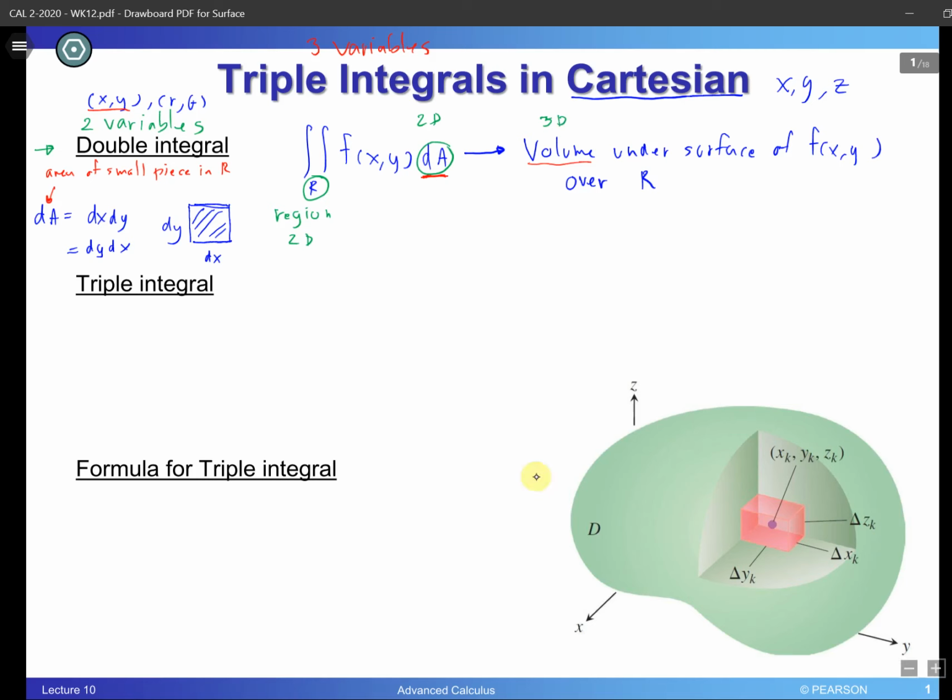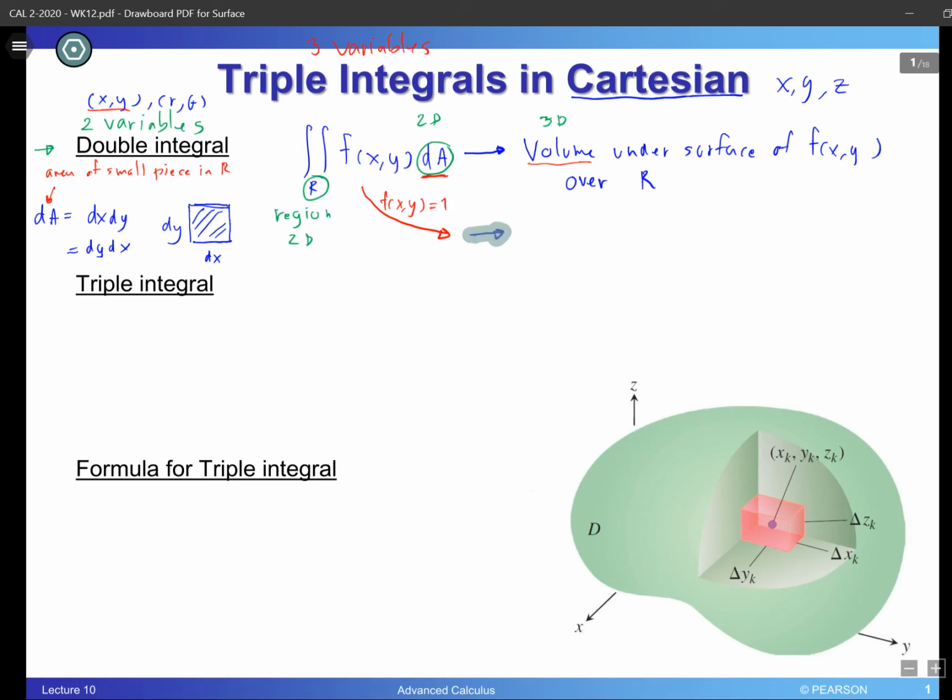So we did this in the last lecture, maybe 2 lectures away. We assigned this function to be equal to 1. Right here we assigned f of x y to be equal to 1. And when we do this, the physical meaning of this double integral becomes the area.